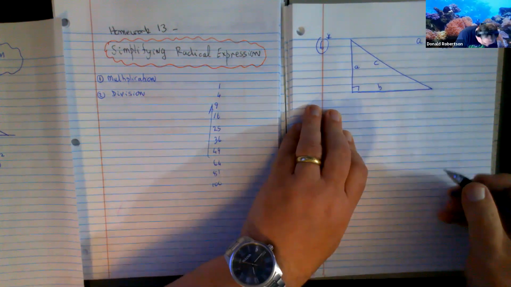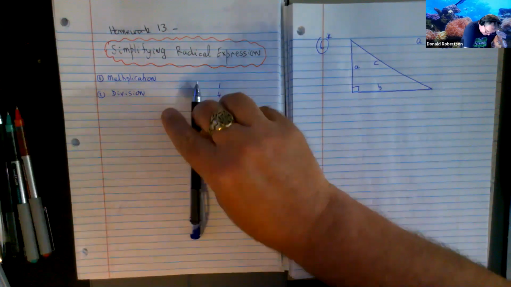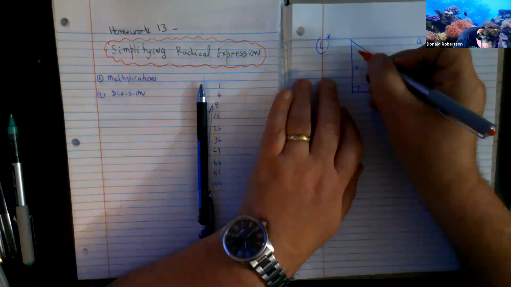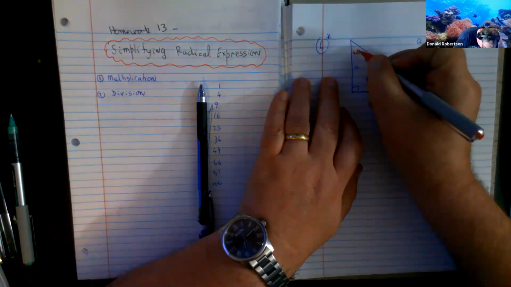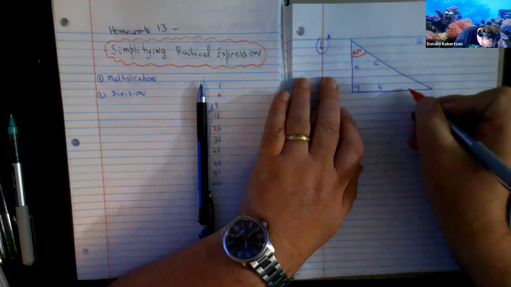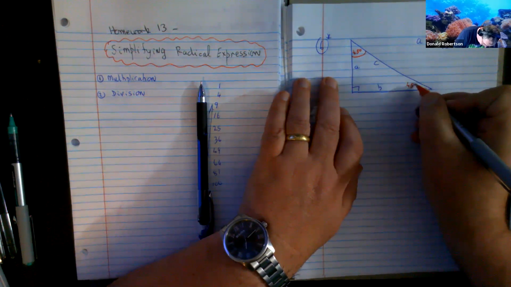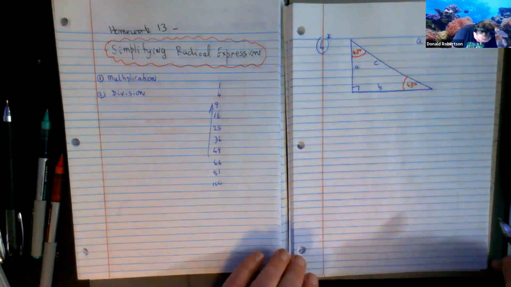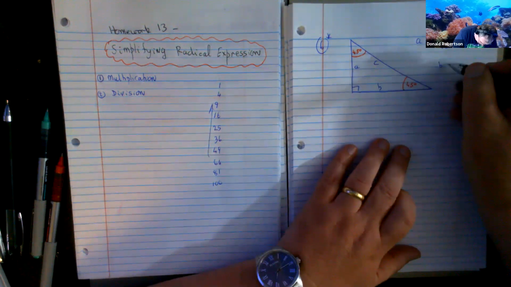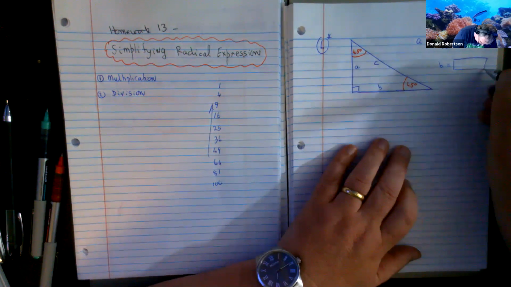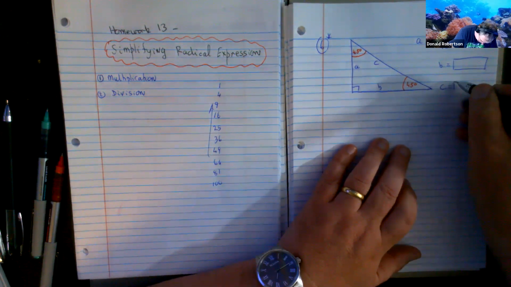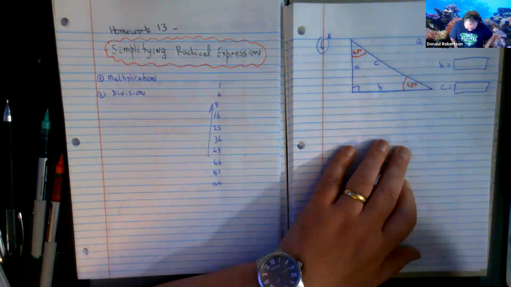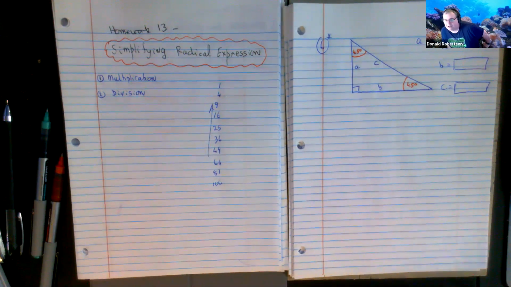And the extra little thing that changes the story a little bit is that this angle and this one are the same size. And our job will be to find out what B is and write the answer in here, and then to find out what C is, and you're going to write it in here. Now look at this question carefully.